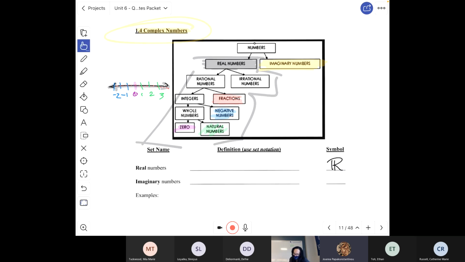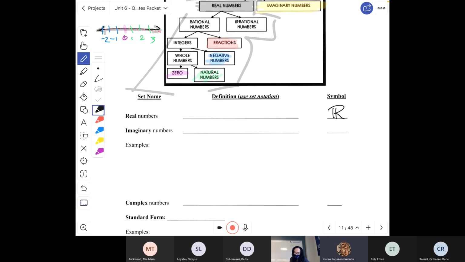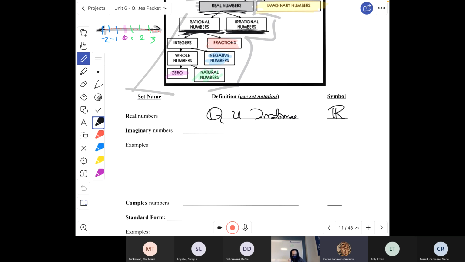The set of real numbers was a union of rational numbers and irrational numbers. If I took the union, meaning include everything in those two sets, I got my real numbers.